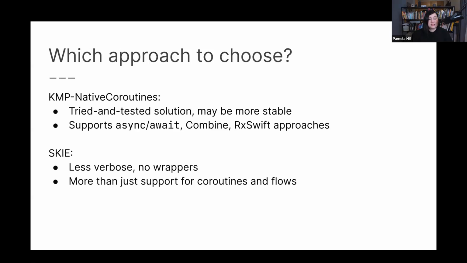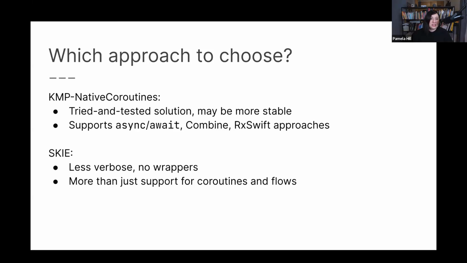And it's actually not just about coroutines and flows. It's about improving your whole Swift interop journey. You can use it for improving your default arguments interop or your enum interop with Swift. It's a really handy tool. Now, something else I wanted to mention is that it's not an all or nothing approach.